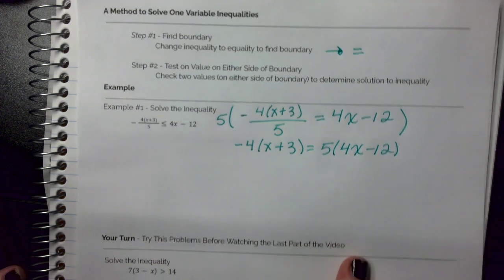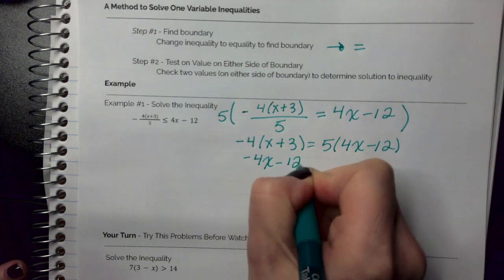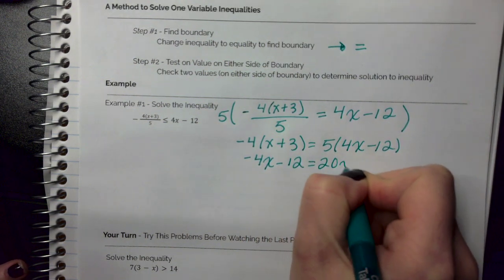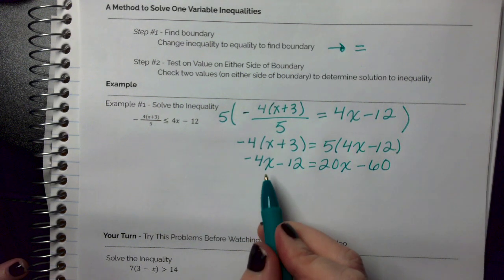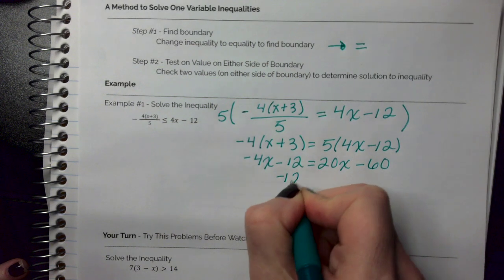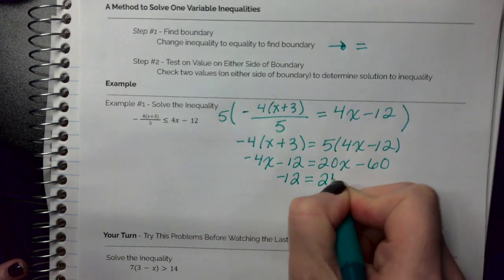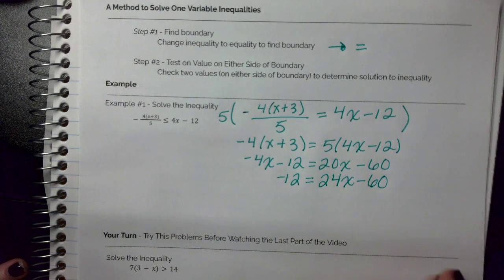And then we distribute and we get negative 4x minus 12 equals 20x minus 60. And then I will move these negative 4x's over here. So I'll have negative 12 equals 24x minus 60.